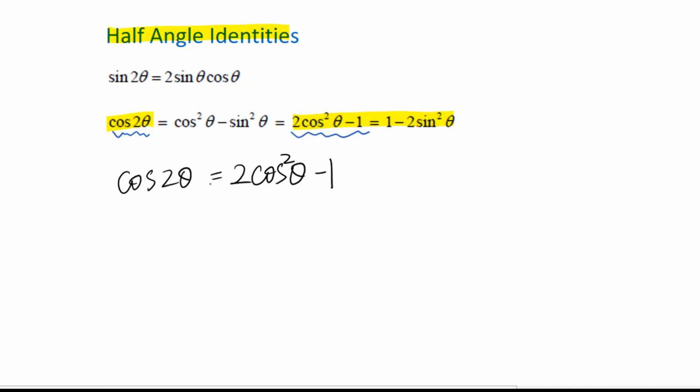Cosine 2 theta equals 2 cosine squared theta minus 1. We will figure out this cosine theta. Therefore, you add 1 both sides. You will get cosine 2 theta plus 1.